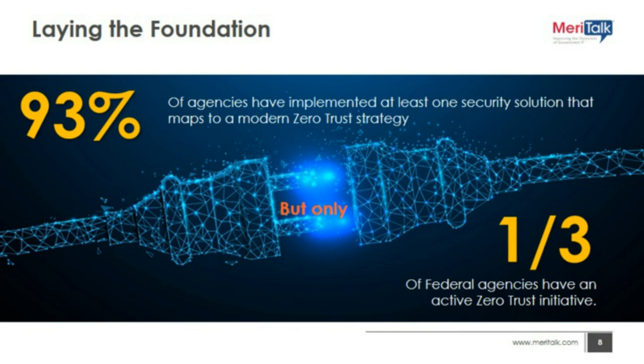We actually ran a similar survey earlier in the year that was more global, and only about 10% of respondents said that they had a defined zero trust initiative. So seeing that it's now a third for federal agencies, I think we're starting to see that momentum pick up, and the component that Alper talked to starting to gain traction. And hopefully we'll see more of that in the weeks and months to come as well.